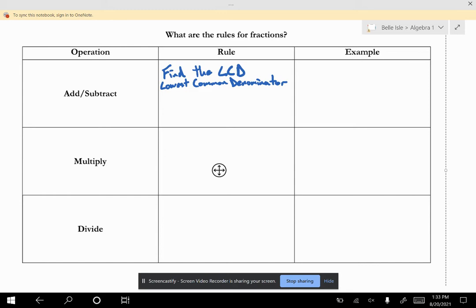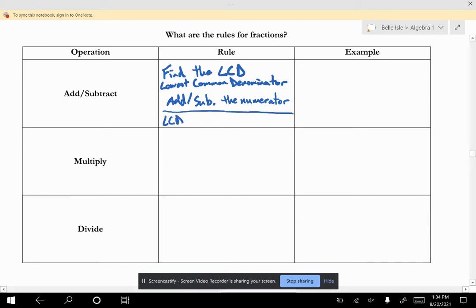What are we doing with it? It's pretty easy, right? We're just adding or subtracting across, so we're going to be adding or subtracting the numerators. Do we add the denominators together? No. The lowest common denominator stays in the denominator.